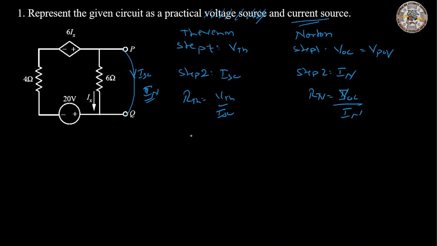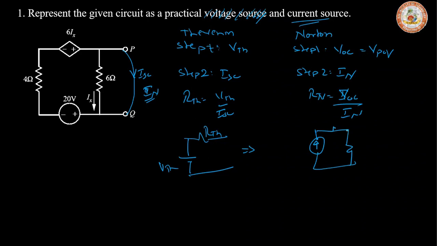And then how do you represent Thevenin equivalent? For Thevenin equivalent, you will have a voltage source in series with Thevenin equivalent resistance. If you transform this to a current source, or Norton equivalent, the current arrow marks upwards, and then we'll have a resistance in parallel. This is RN, this is IN. So if it's asked for current source, you can solve the same by Norton.